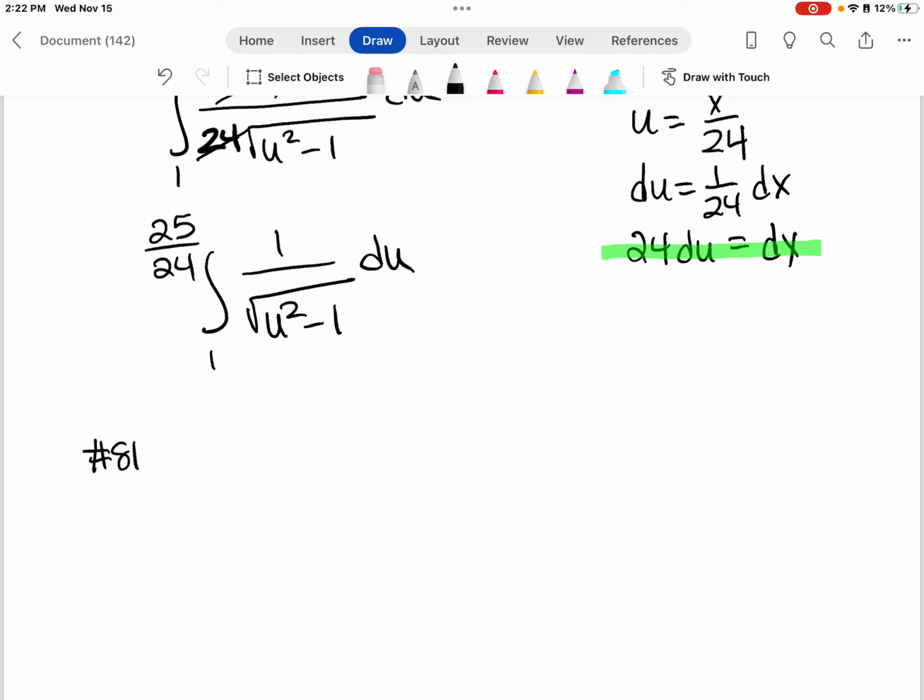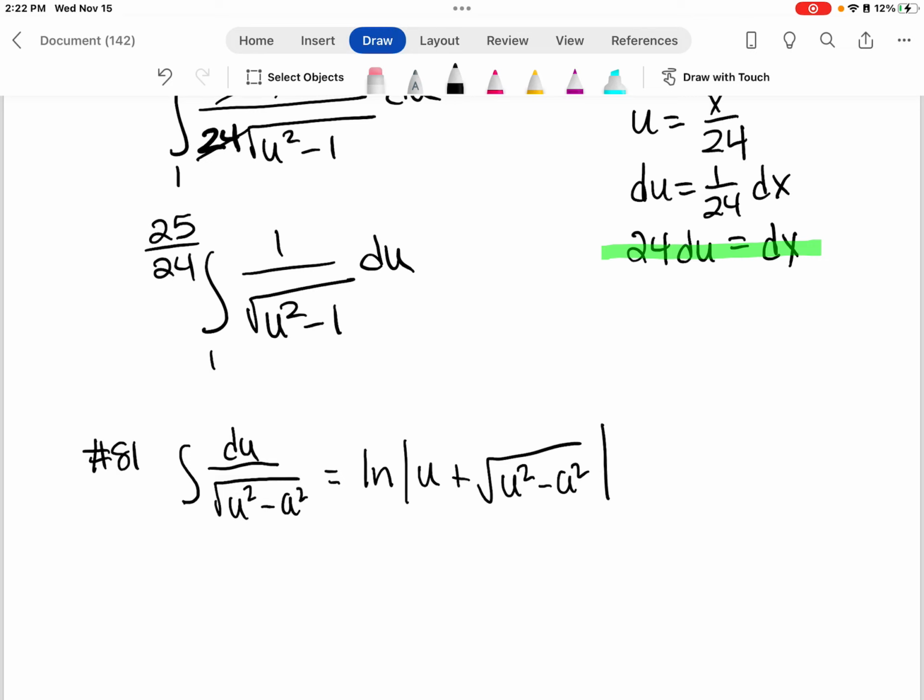So if we look at number 81 in the table of integrals, we have that if we integrate du over the square root of u squared minus a squared, that would be equal to the natural log of u plus the square root of u squared minus a squared, and then plus c.